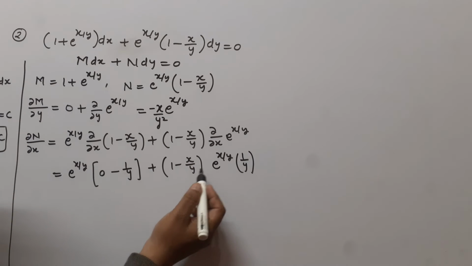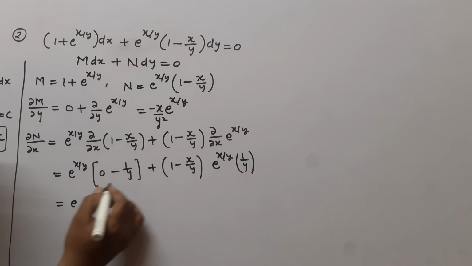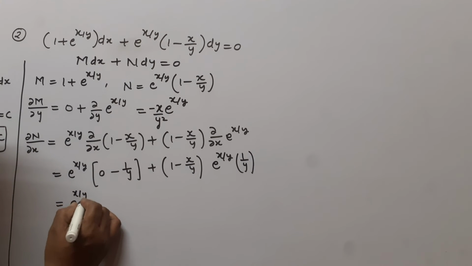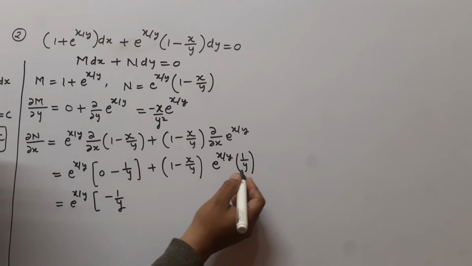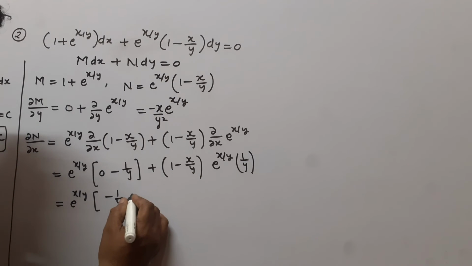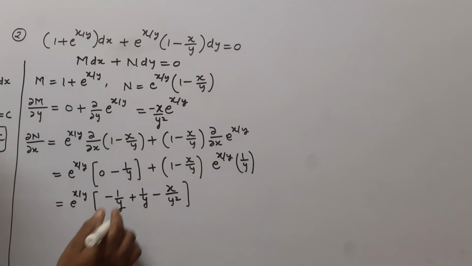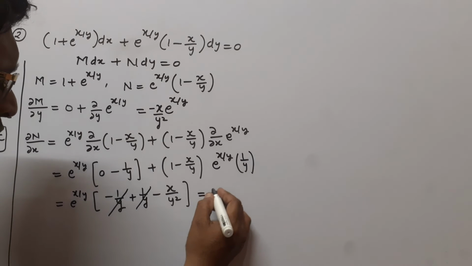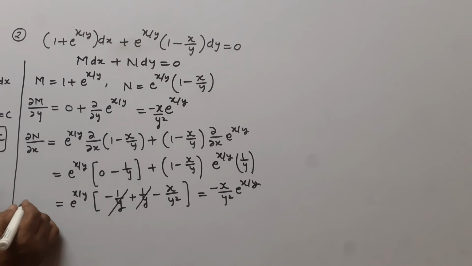Now in these terms e to the power x by y is common, so we take it common: e to the power x by y times minus 1 by y, and this 1 upon y multiplied into the bracket gives plus 1 upon y minus x by y square. So minus 1 upon y plus 1 upon y cancels out, and this equals minus x upon y square e to the power x by y. This is del N by del x.